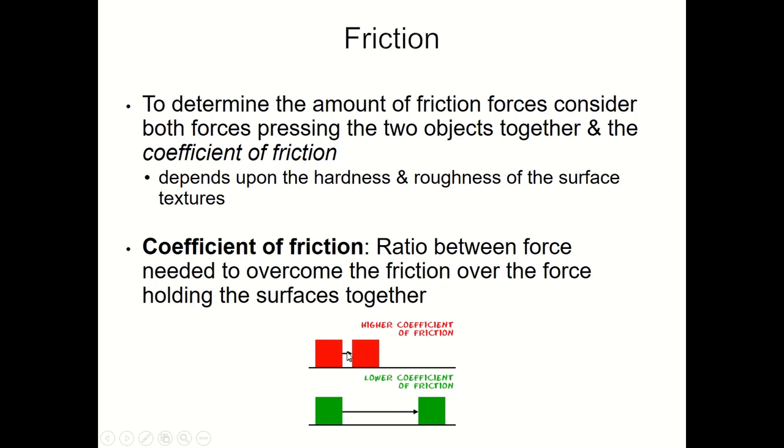So we have a higher coefficient of friction when they are closer together than if they were far apart. You have a lower coefficient of friction with socks on a linoleum floor than if you're wearing hiking boots, for example.